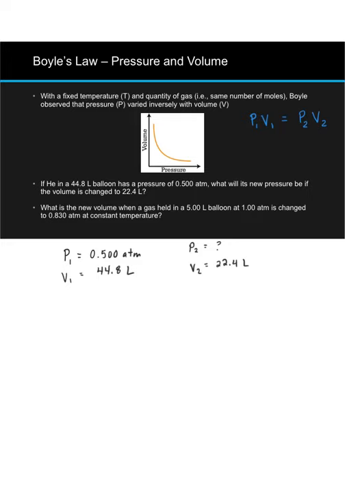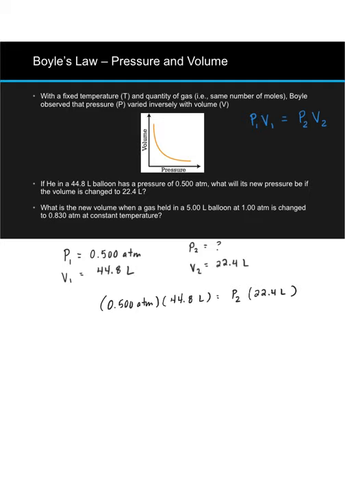Given these quantities, it looks like the only equation that we have available right now is the most applicable equation to solve this problem: Boyle's law, P1 V1 equals P2 V2. We've got a P1, 0.5 atmospheres. We've got a V1, 44.8 liters. We've got a P2 that's unknown, and a V2 of 22.4 liters.